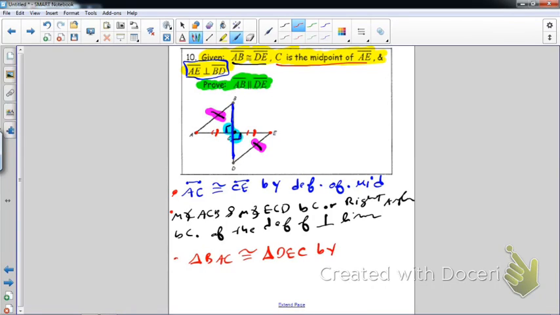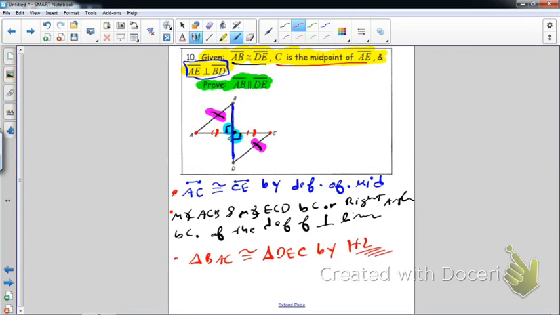How do we know this? Well, it's by the hypotenuse-leg theorem that we talked about, right? If we have a 90 degrees and we have the hypotenuse be the same of two different triangles, then they are congruent because they have a 90 degrees and the hypotenuse is the same. So that's very important for us to say.